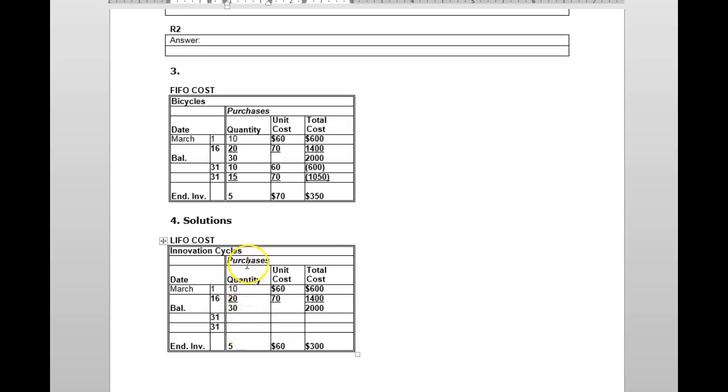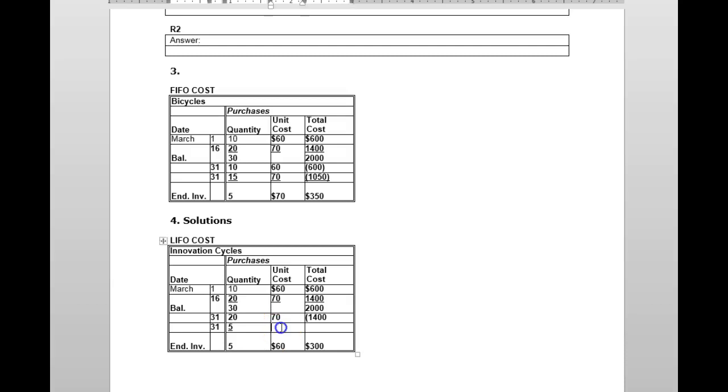So now I have a total of, gosh, I sold 25, is that correct? So I have to take 20 out of the bottom level and 5 out of the top, which is going to give you a totally different answer for your cost of goods sold and for what's deducted out of your inventory.